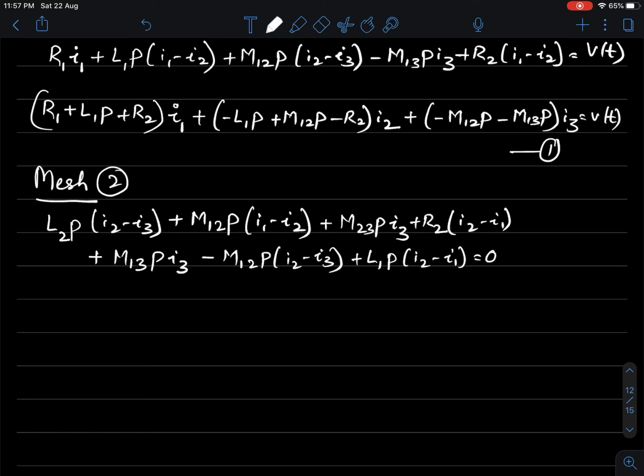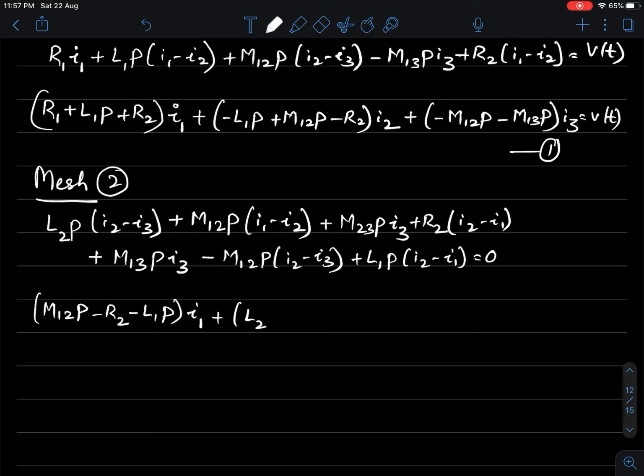I'll get the coefficients of I1 to be equal to M12P, I'll open up the parenthesis, M12P minus R2, I'm grouping the terms containing the coefficient of I1, minus L1P into I1. Okay, now let me group the terms containing I2.